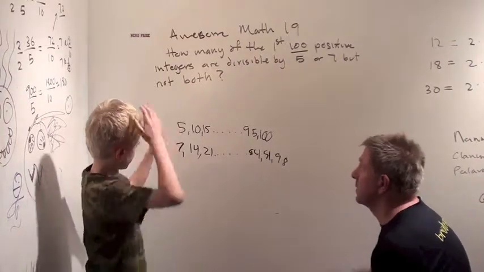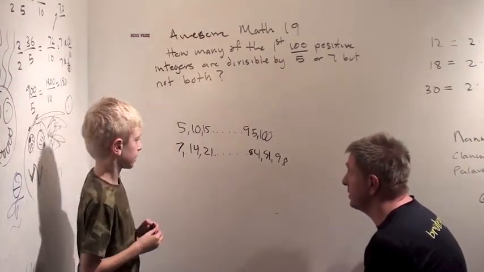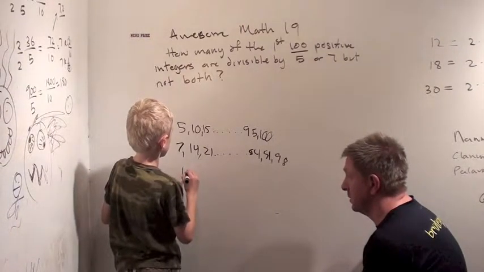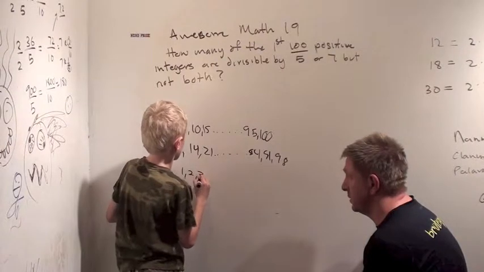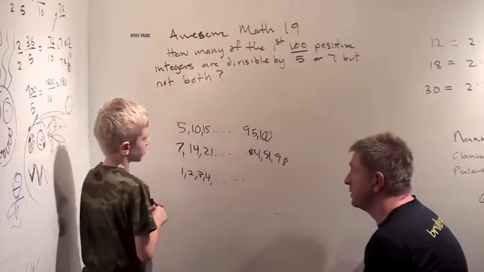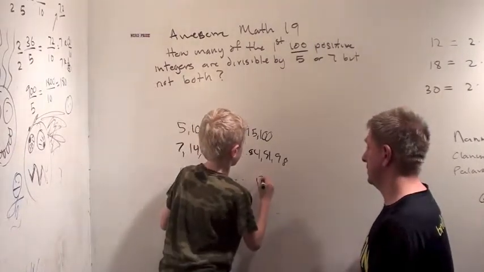For 5, we divide everything by 5. So there's 1, 2, 3, 4, all the way up to 100, which is 5 times 20.